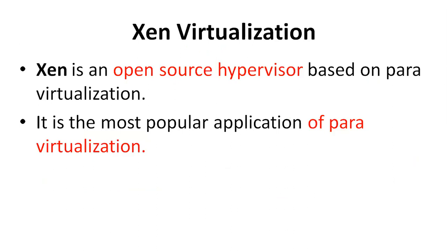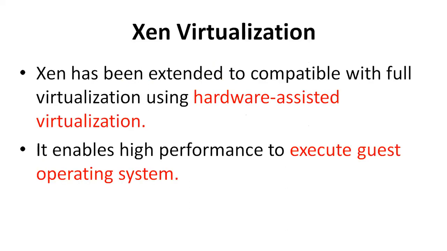Xen is the most popular application of para virtualization. Xen has been extended to be compatible with full virtualization using hardware assisted virtualization. That means you are extending this concept to full virtualization also. It enables high performance to execute guest operating systems.